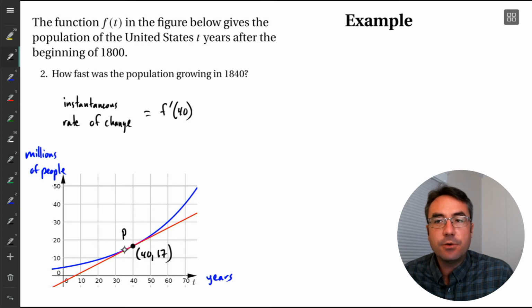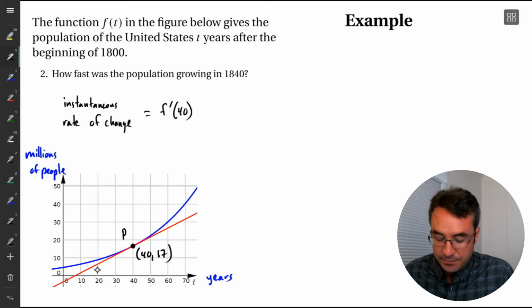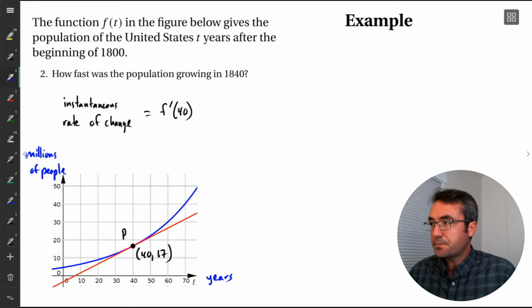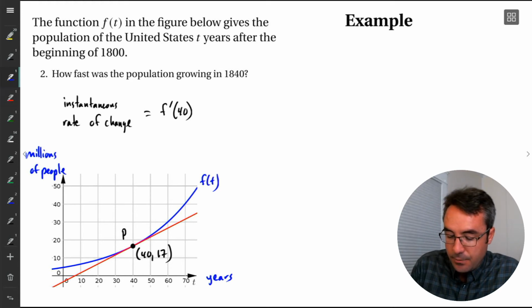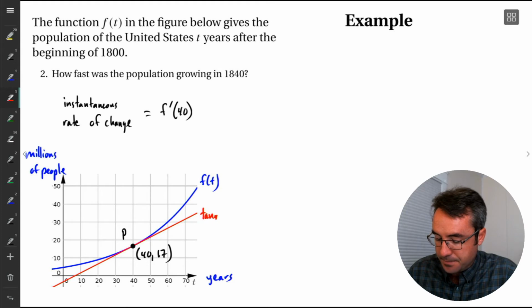And then what we want to do, in order to really estimate this derivative, is estimate what the slope of this tangent line is. So we have our function f of t here, and then we have our tangent line at x equals 40.